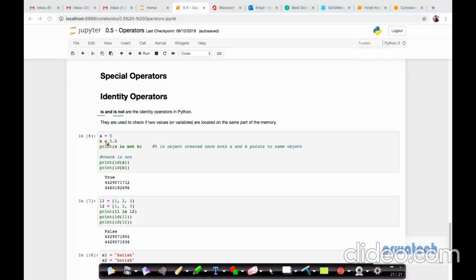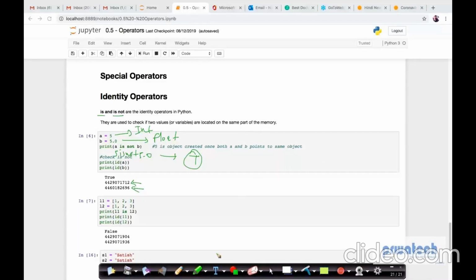A is equal to 5 and B is equal to 5.0. This is an integer, this is a float. Print id of a and id of b, both will have a separate address. And obviously if I say A is not B, I'm saying 5 is not 5.0. That's true, an integer can never be a float, right?